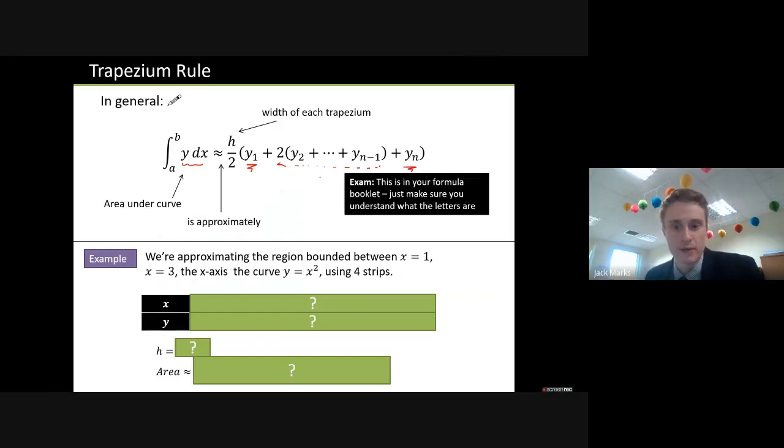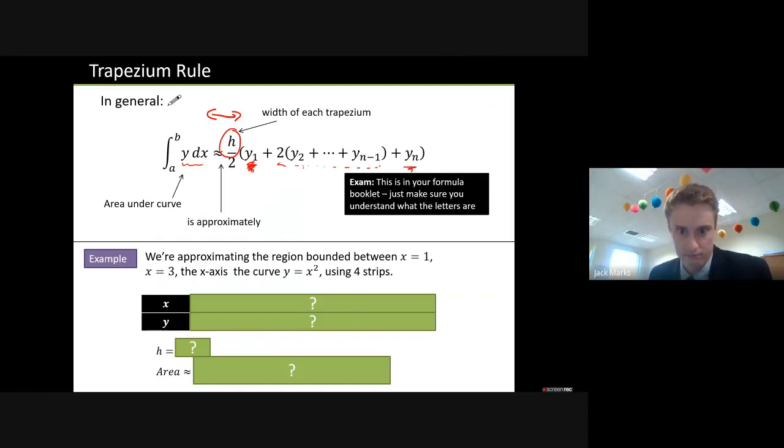This is what appears in the formula booklet. The main thing to watch out for is that this height is actually the horizontal distance between the trapezia on the x-axis. People get a bit confused about that one sometimes.